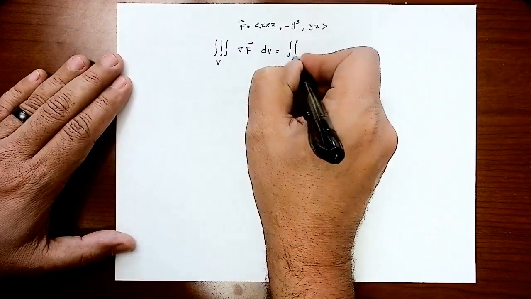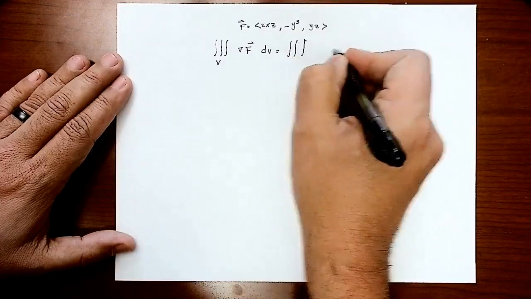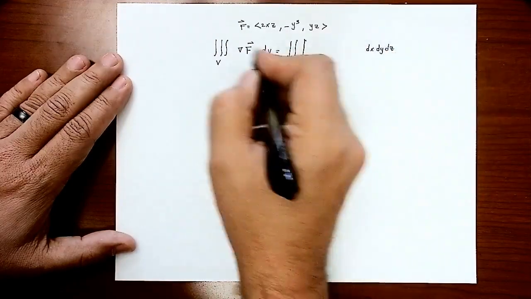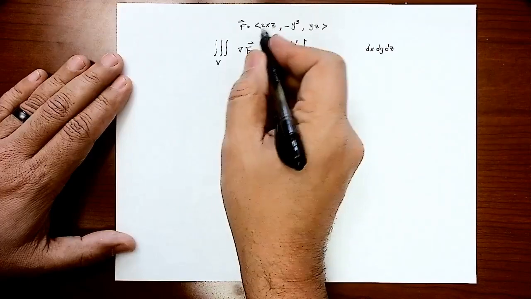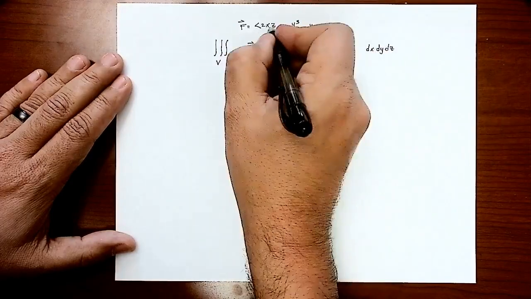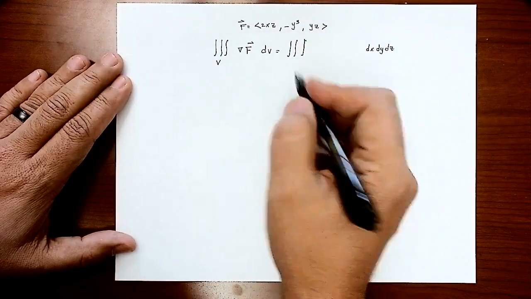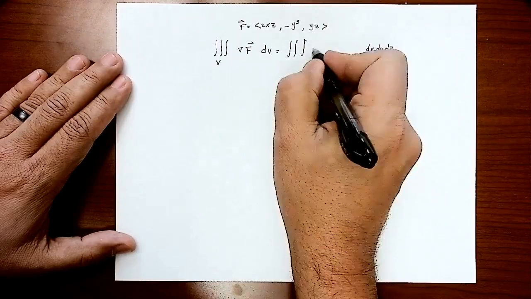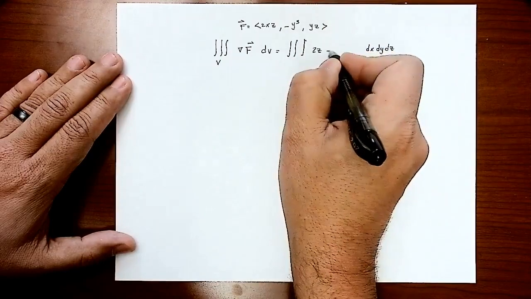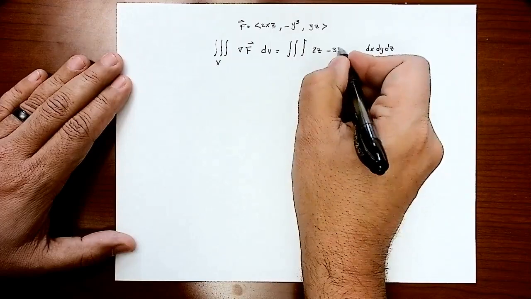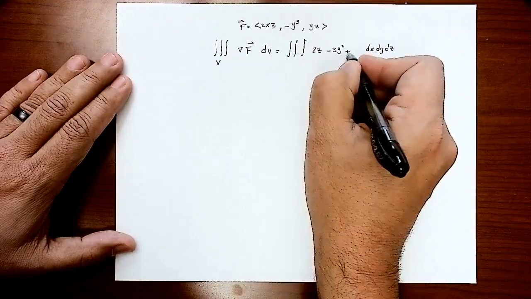Now dV, that's the volume of that element, which is going to be dx dy dz. And the nabla dot of that vector will be simply you differentiate each term. The first one relative to x, relative to y, relative to z. I'm going to get 2z minus 3y squared plus y.